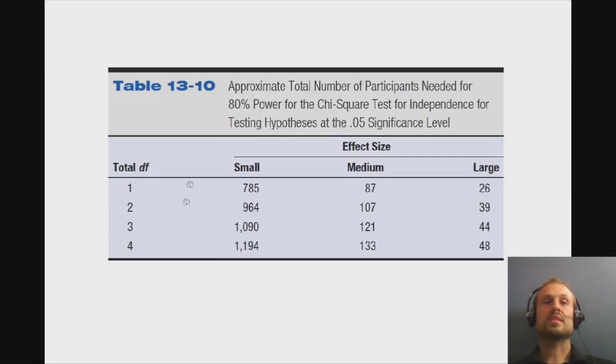What is the sample size that I need to get that? So for a small effect size, to get a power of 80%, I need a fairly large sample, depending on the degrees of freedom, depending on the categories that my variable has. And if I already have a large effect size, I don't need a very big sample to get a power of 80%.